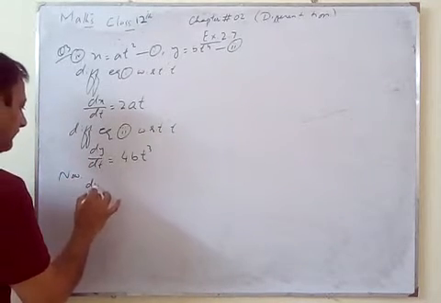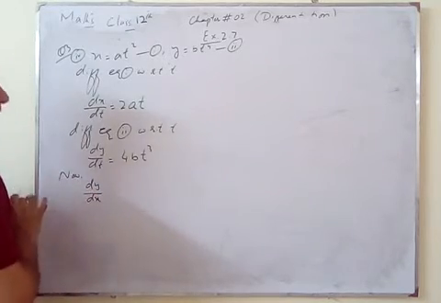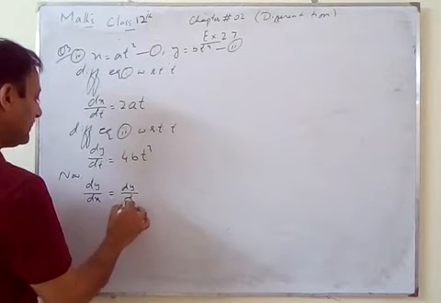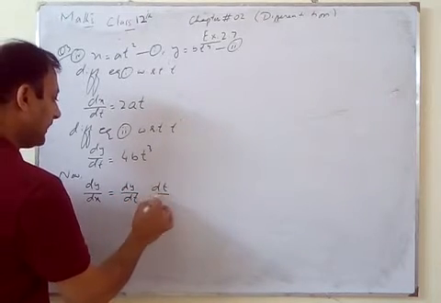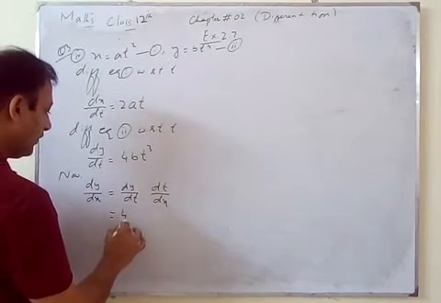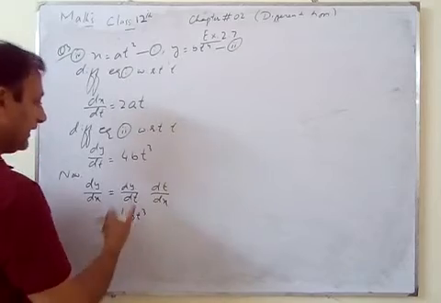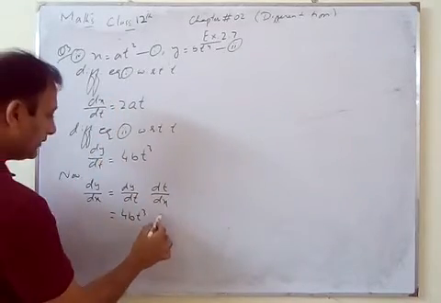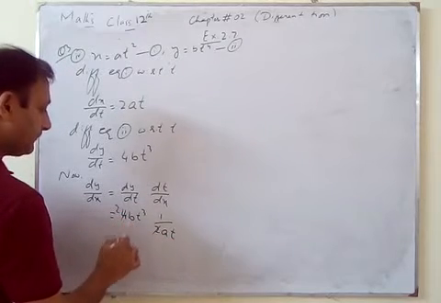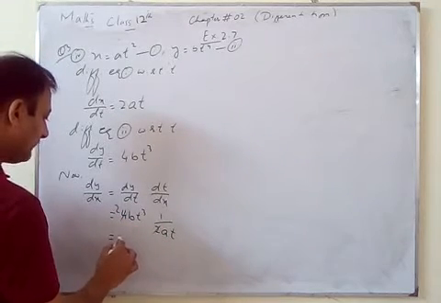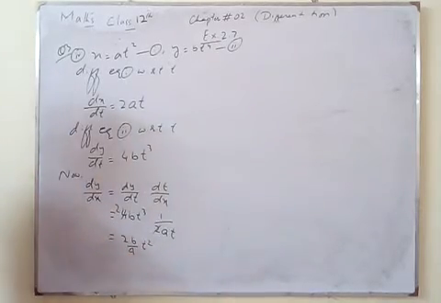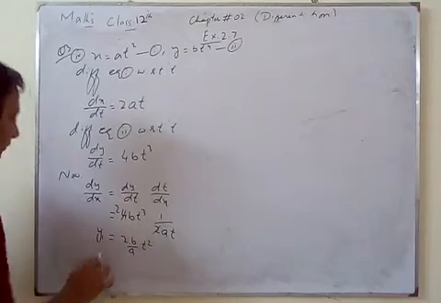We have to find dy by dx, y1. So that is dy by dt into dt by dx. So dy by dt, 4b t cube, into, taking the reciprocal, 1 over 2at. 2 cancels, t cancels, so we have 2b over a into t square. This is y1.